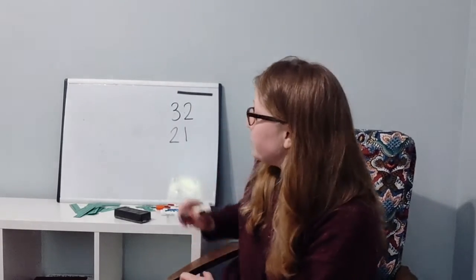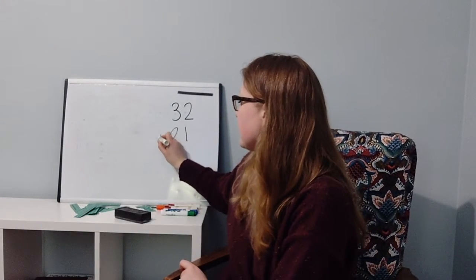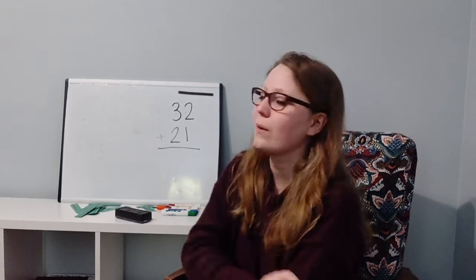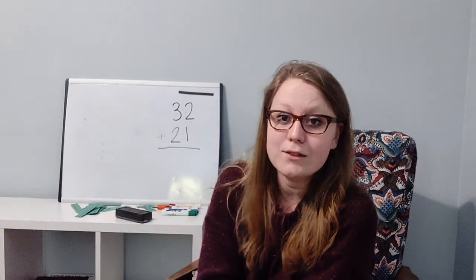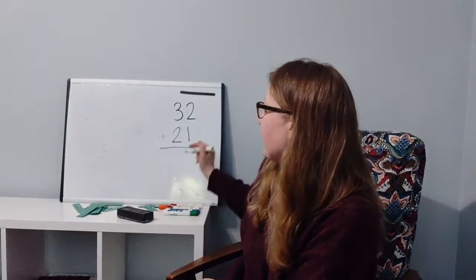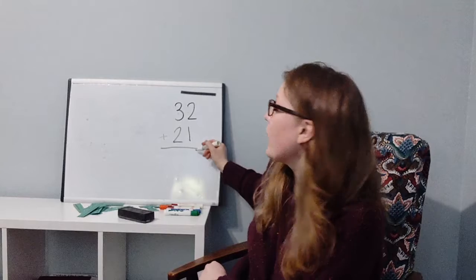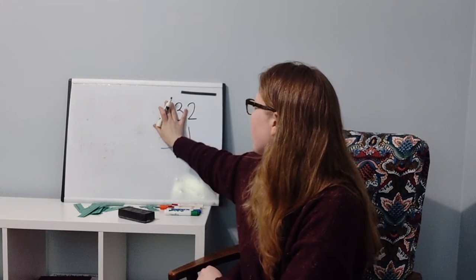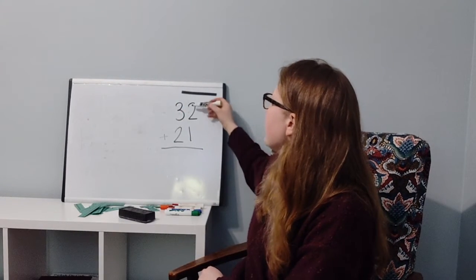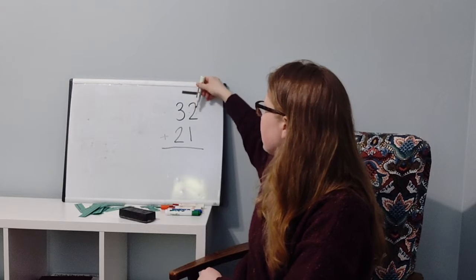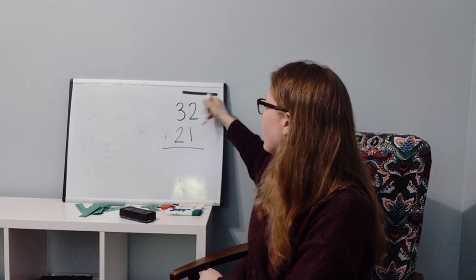So let's do that. We have 32 plus 21. If you would like to, you can use your base 10 box to solve this problem, but we can also just do it like it is right now. So remember, we always start with our ones column when we're adding. We can ignore the tens column for now. So the ones column says 2 plus 1.